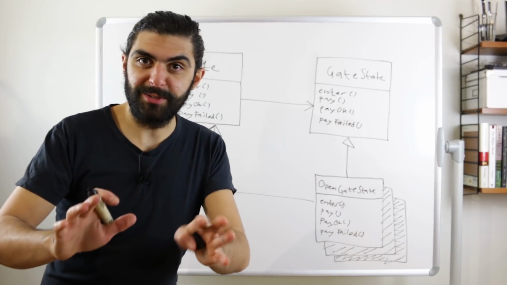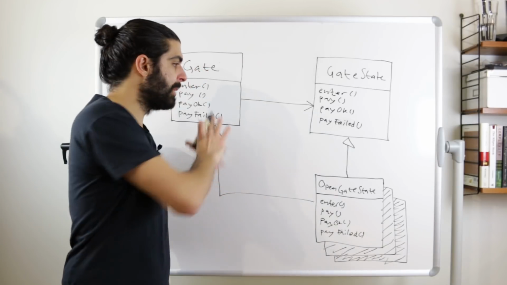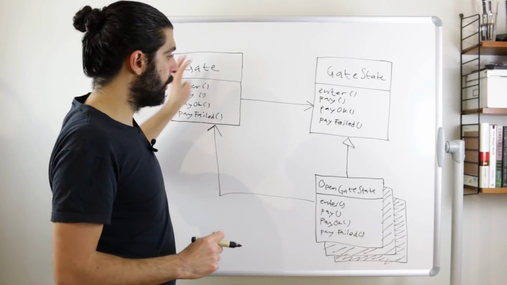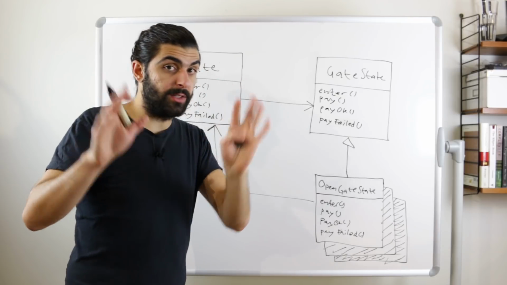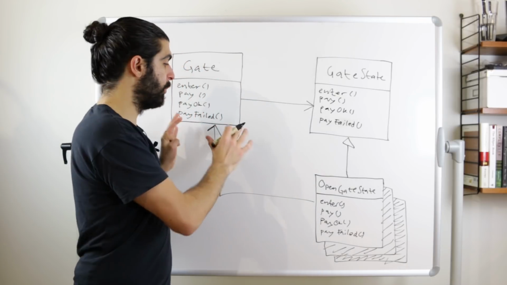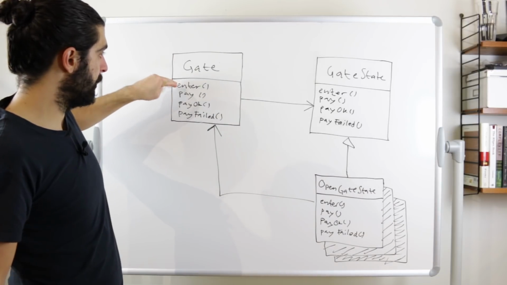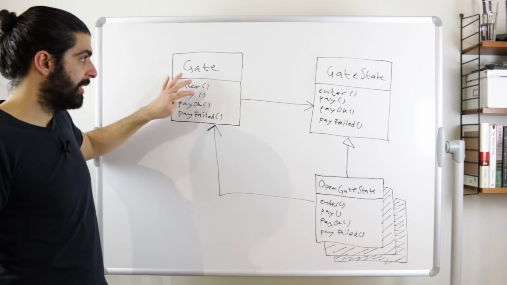Now, if you've seen my other videos, you know how I rant about avoiding mutation. In this video, I'm avoiding the discussion of avoiding mutation in order to keep it simple. So while I'm building methods that mutate state here, if you think about it, you could probably devise a way where we return instead of mutate. So we call a method on the gate, and this method needs to return a new gate which has the new state.